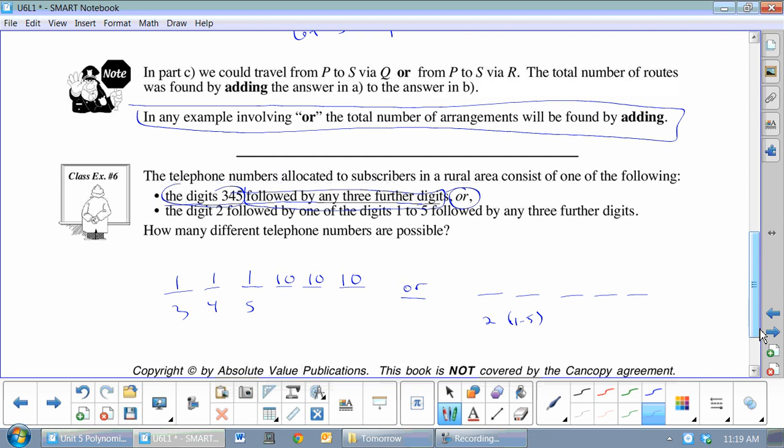How many choices do you get? 1. How many choices for the next one? Okay. How many choices for the next one? 10, 10, 10. So this would be 1,000 plus 5,000 equals 6,000.